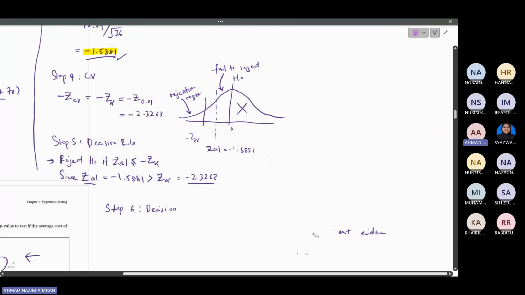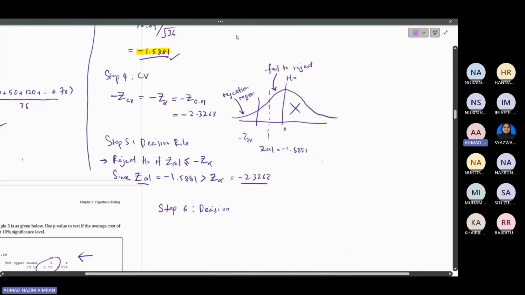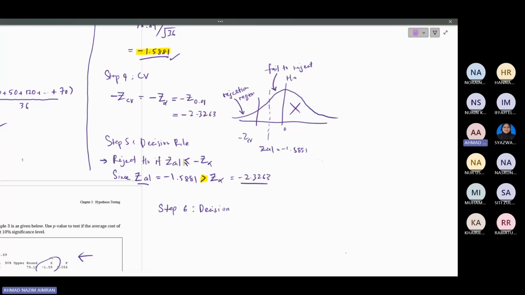No, we cannot reject the H null. We fail to reject H null because the Z calculated is greater, but to reject the H null, we need a Z calculated that is lower than the negative Z alpha. So the decision is fail to reject H null.